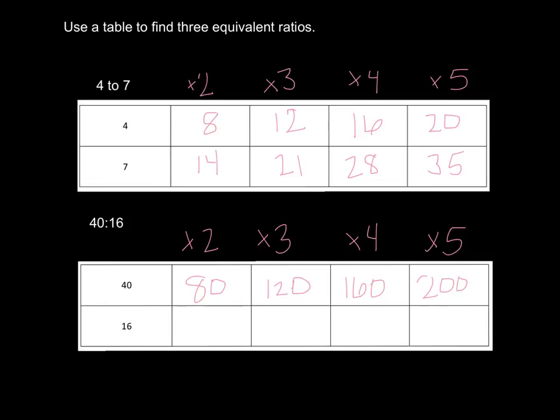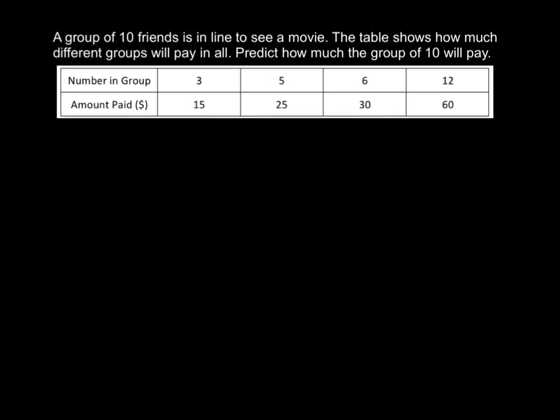I just have to add a 0 from my 4 that I did up top. Okay, now 16 times 2 would be 32, 48, 64, and 80.